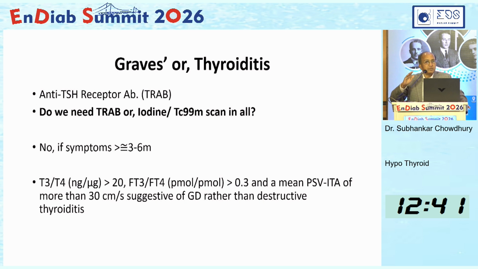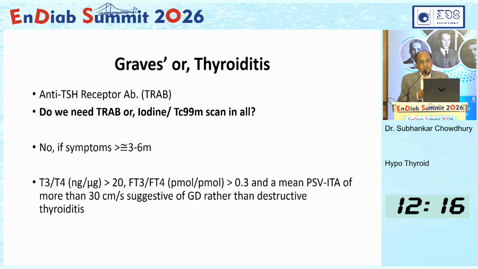The answer would be these are preferable, but my take is if the patient is symptomatic of thyrotoxicosis, at least over 3 months, probably even better over 6 months, you may take it that this is an overactive thyroid itself. Thyroiditis features do not persist for so long.